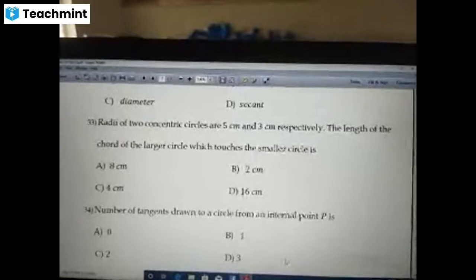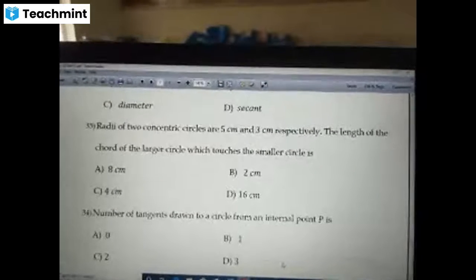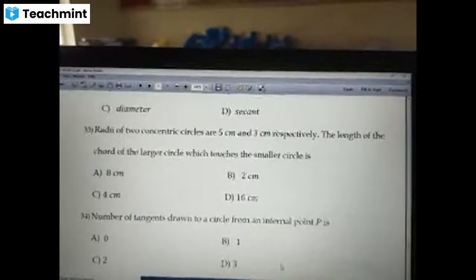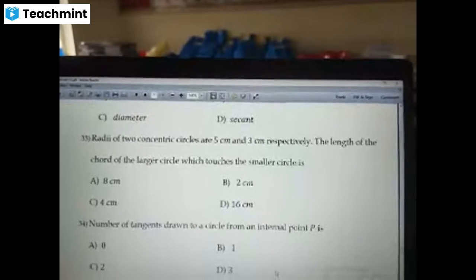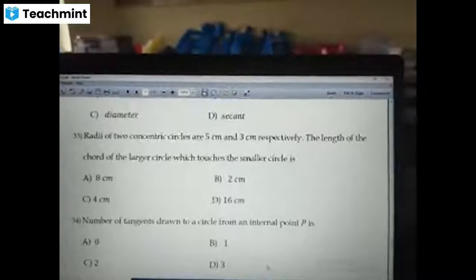Length of the chord of the larger circle which touches the smaller circle. What is the length of the chord? Concentric circle means the same center. Can anybody? Just imagine the circles, how it becomes.